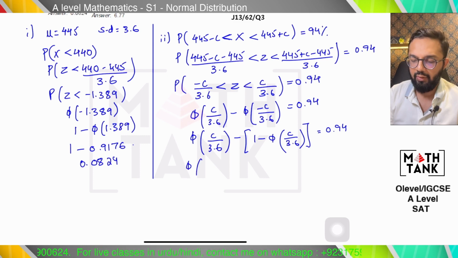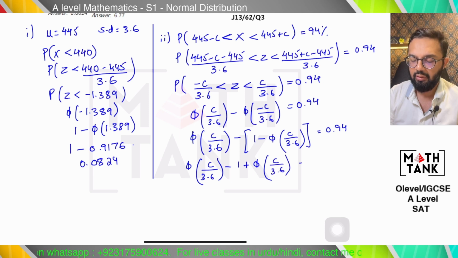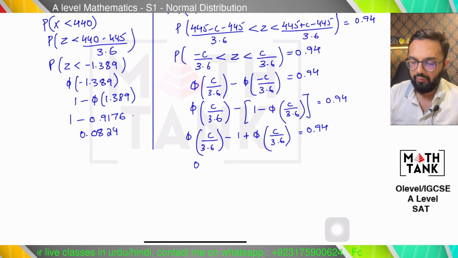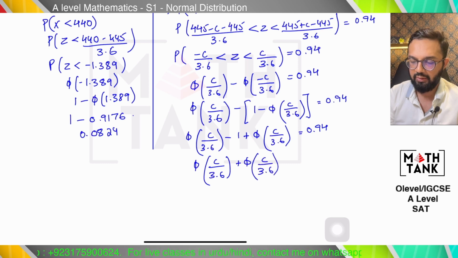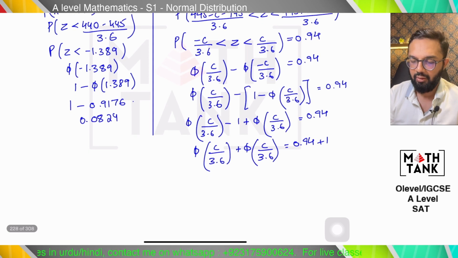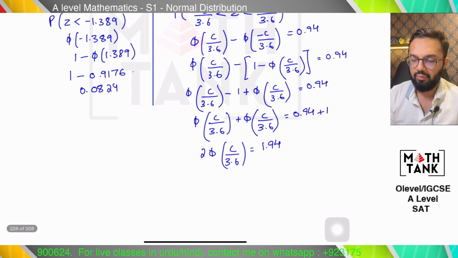So phi of c over 3.6 minus 1 plus phi of c over 3.6 equals 0.94. So phi of c over 3.6 plus phi of c over 3.6 equals 0.94 plus 1. 2 phi of c over 3.6 equals 1.94.